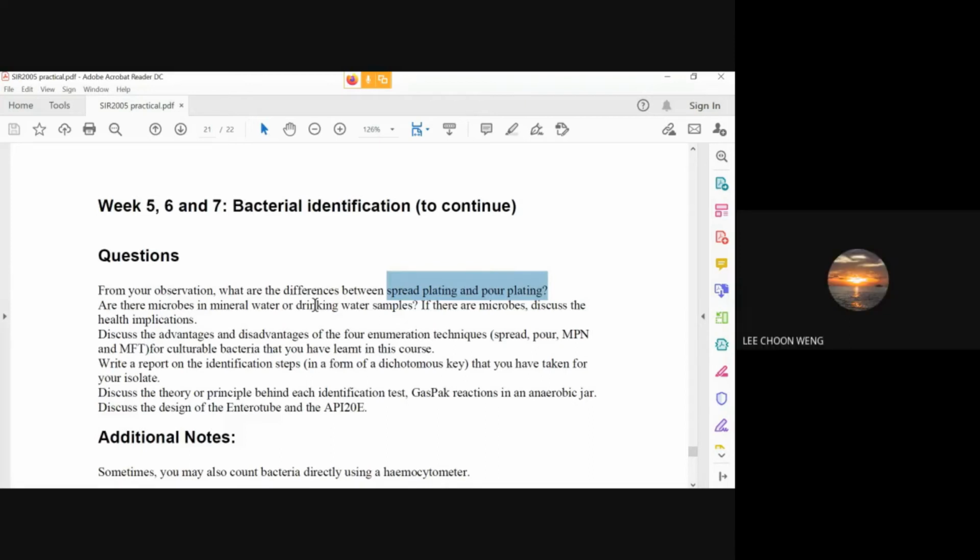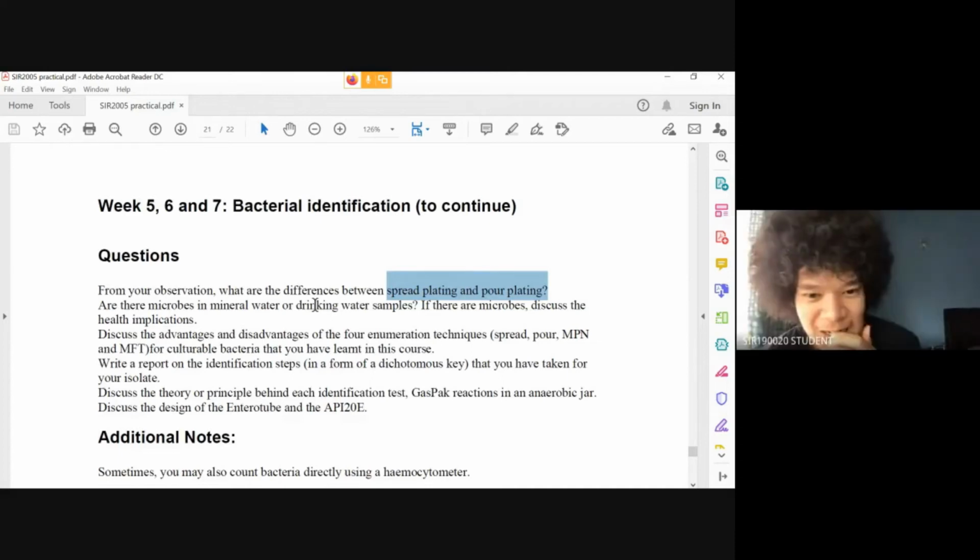Do you think there'll be a difference in the count? I think pour plating will get a bigger amount because the quantity we take from the sample is 1 ml. But when I asked, do you think there'll be a difference, I mean after enumerating to CFU per ml, do you think there'll be a difference between pour plating and spread plating? Yes. What difference? Which one is higher?